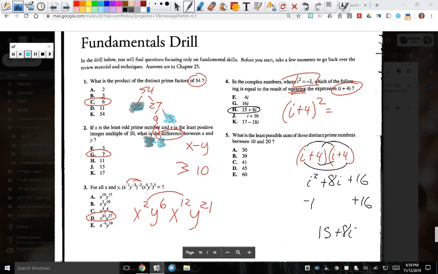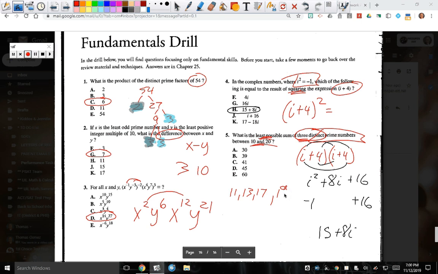And what is the least possible sum of 3 distinct prime numbers between 10 and 20? So let's list out all the prime numbers first between 10 and 20. What are they? 11, 13, and 17. And these are the 3 distinct, and they're the least possible sum.